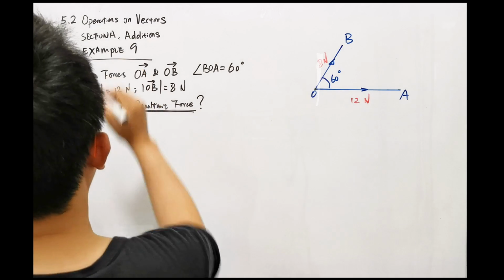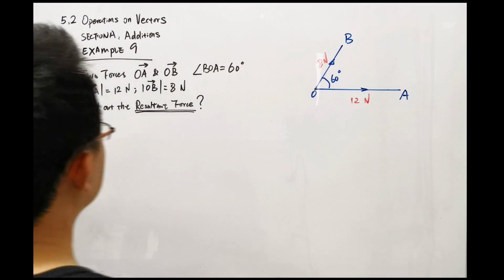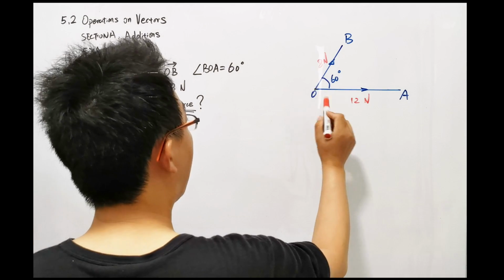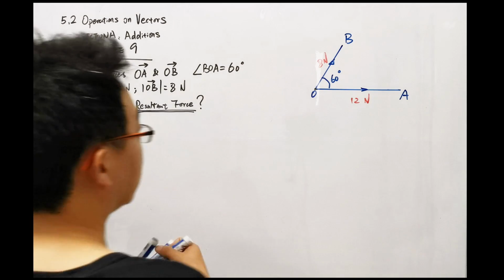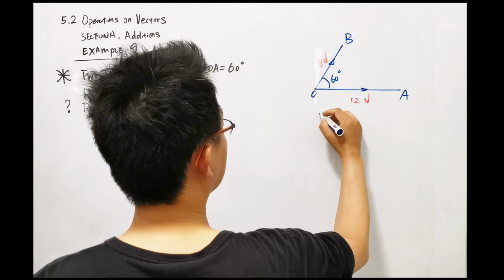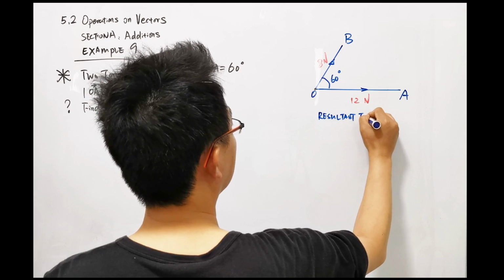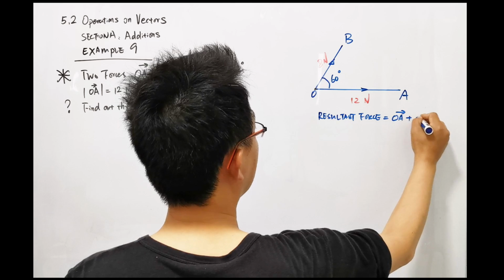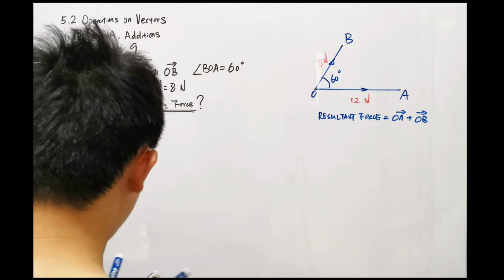Just now in activity 2, we already discussed what the resultant force is. The resultant force is the sum of two vectors, which means resultant force equals OA plus OB. This is the sum of these two vectors.